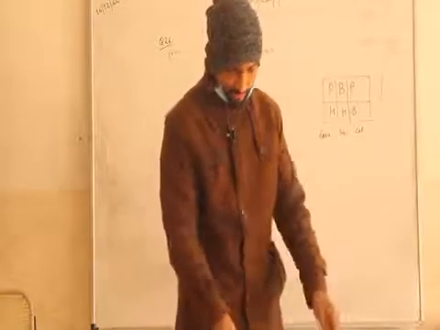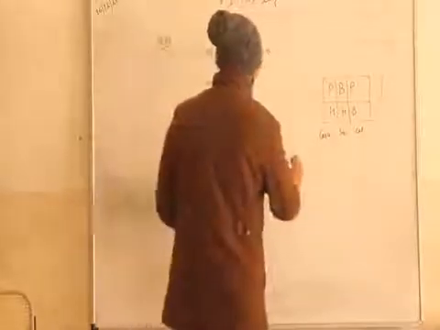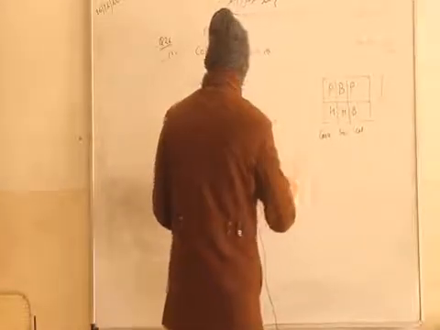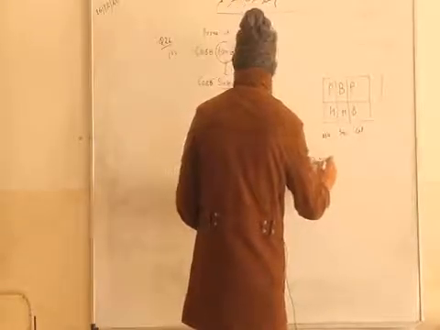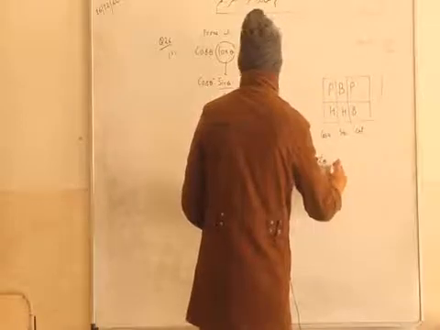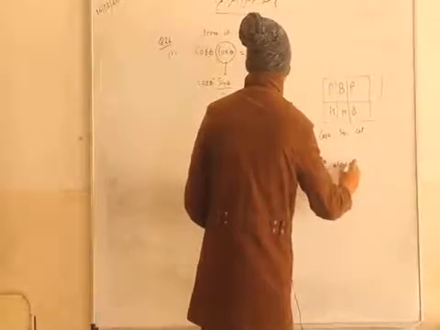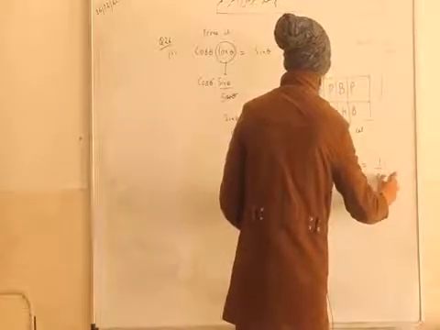The third part I am telling you. This is sin square theta upon cos theta plus cos theta is equals to 1 by cos theta. Okay, this means we have to prove it.